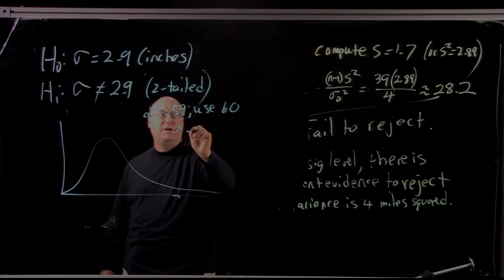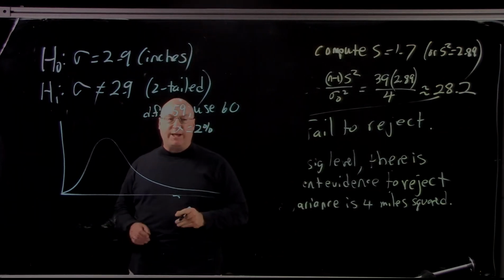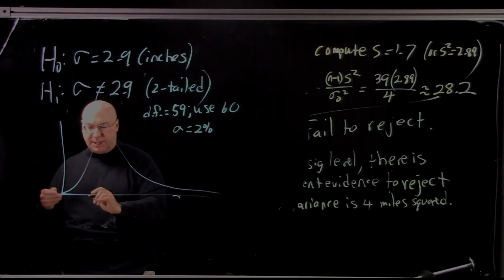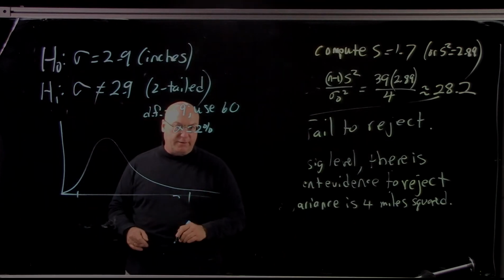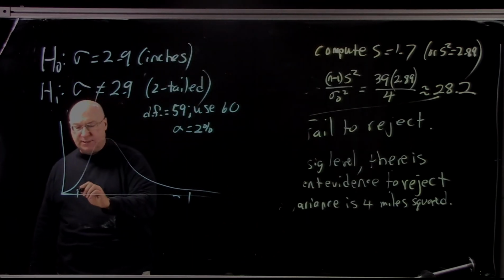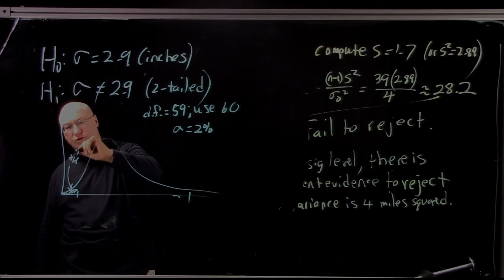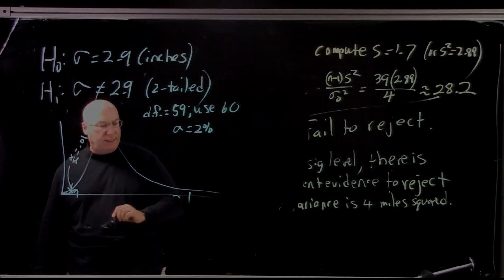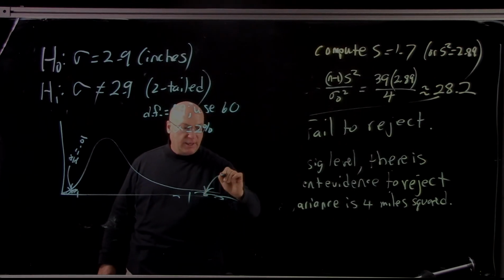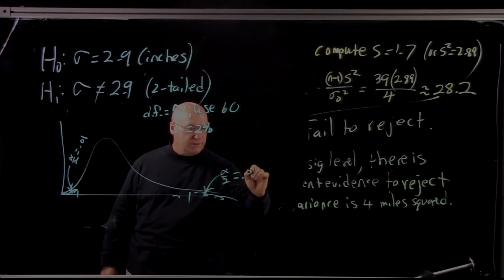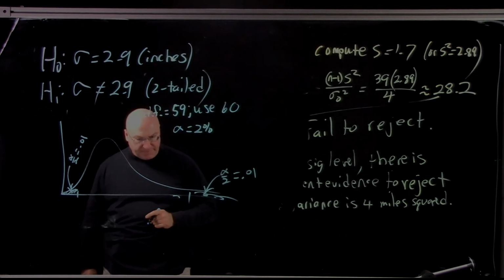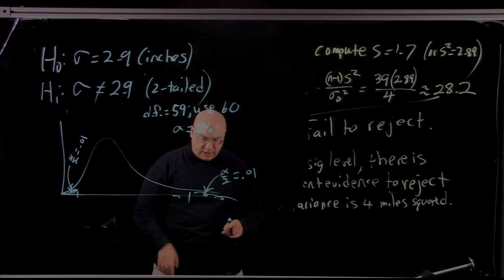Alpha equals 2%. So I got to do half of alpha over here because it's two-tailed and half of alpha over here, right? So I want this to be alpha over 2, which would be 0.01, and this to be alpha over 2 to be 0.01 as well. All right, so I got to find those two critical values.